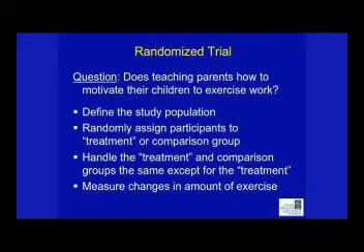The only difference is we aren't just watching what's happening naturally with free-ranging humans. Okay, we're actually doing something to them. We're saying, you guys are going to get the treatment. In this case, it's a teaching program. And we're saying, you other guys aren't going to get the treatment. And then we handle both groups the same. We handle the comparison group the same except for the treatment, so we don't want to do anything different with them. And then we measure the changes in the amount of exercise.